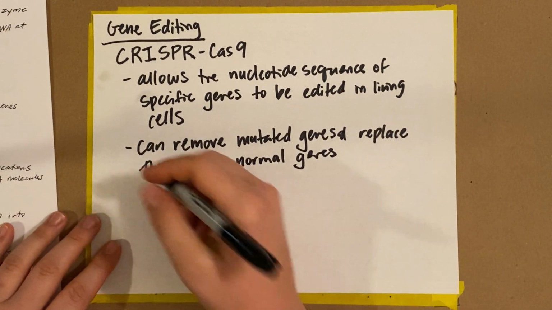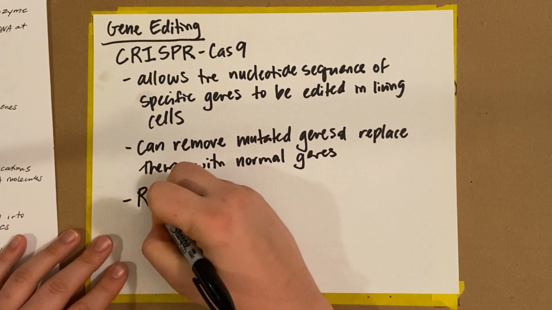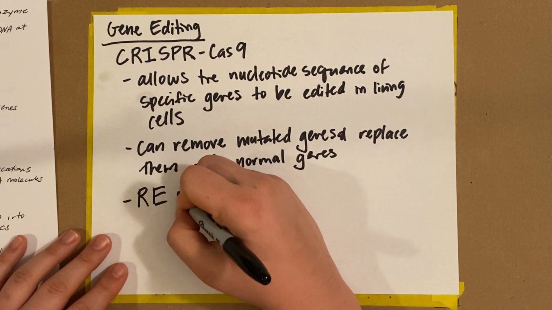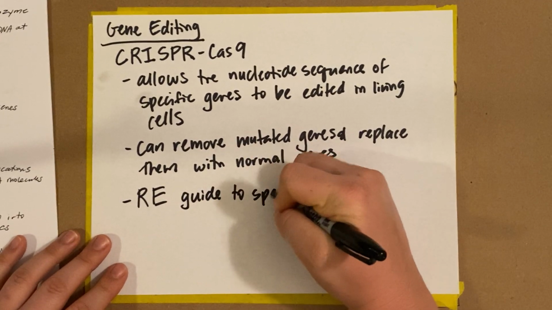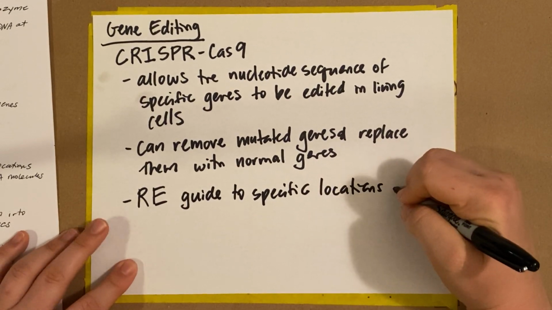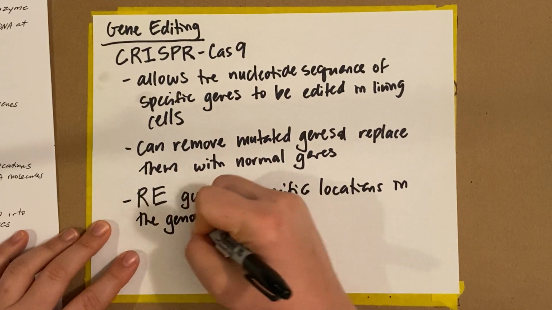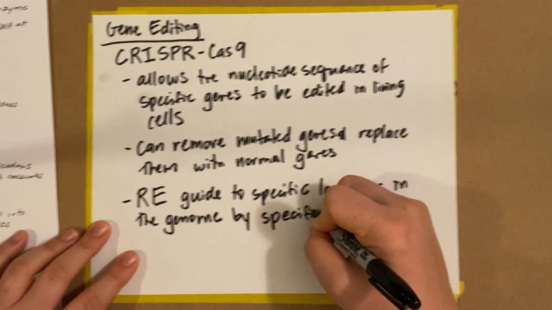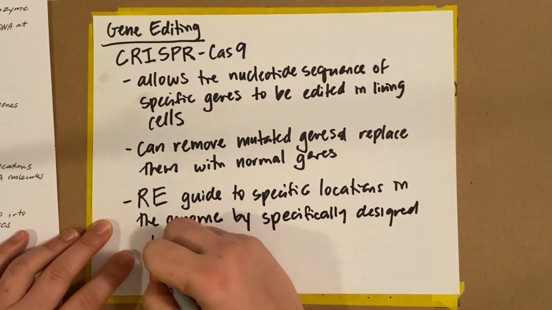Now, the main way this is going to work is that it also uses restriction enzymes, and I'm going to write restriction enzymes as RE. Restriction enzymes are guided to specific locations in the genome by specifically designed RNA molecules.